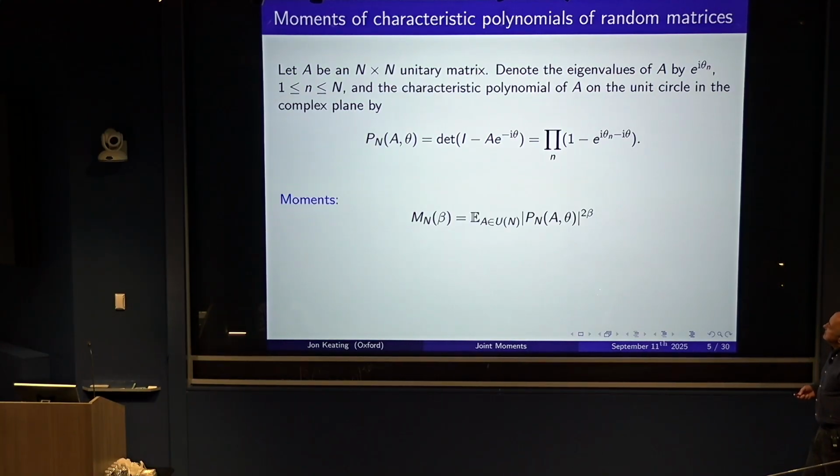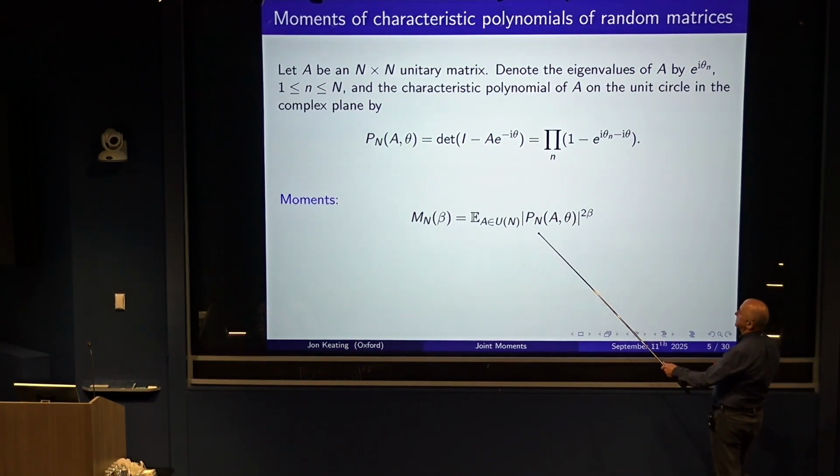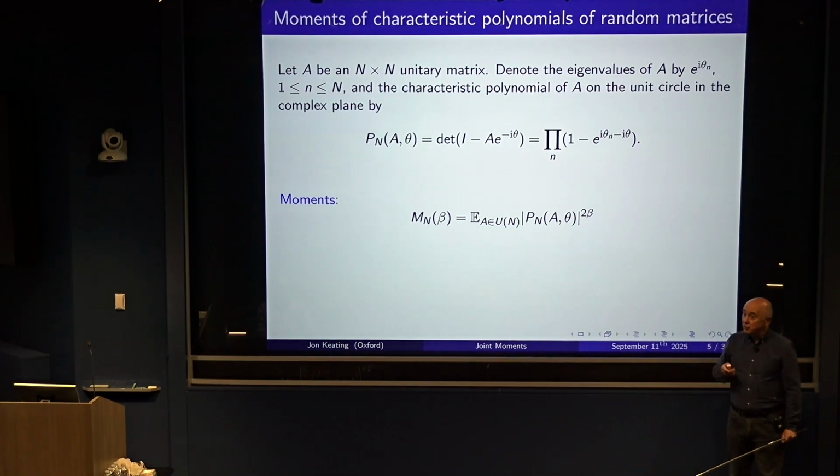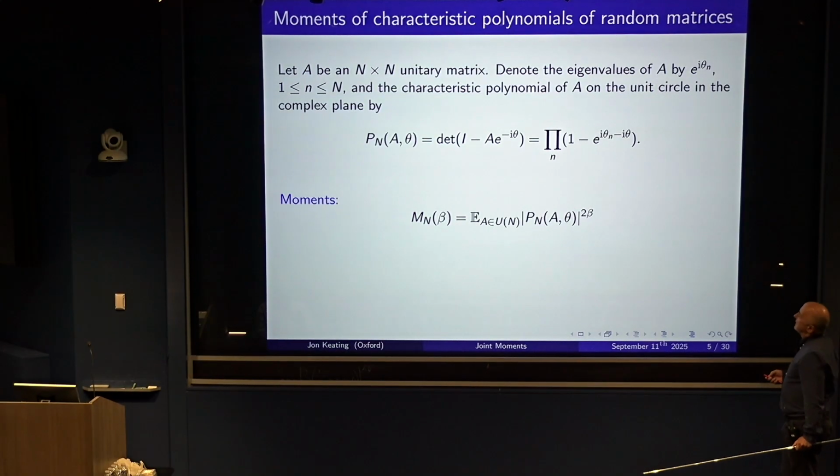Then the moments in this case are what you get if you take the absolute value of the characteristic polynomial, raise that to some power 2 beta, and then average with respect to A in the unitary group, uniformly with respect to Haar measure on the group. These are the moments that you would compute for characteristic polynomials of random matrices.